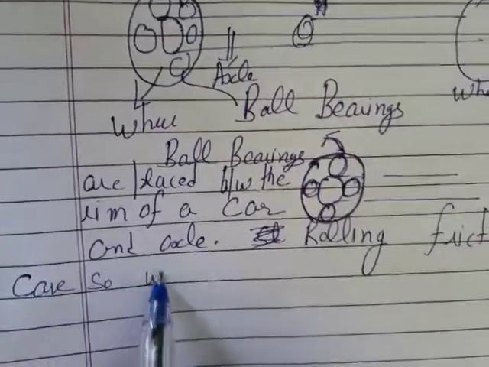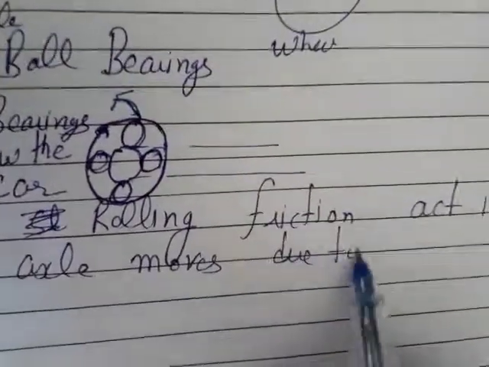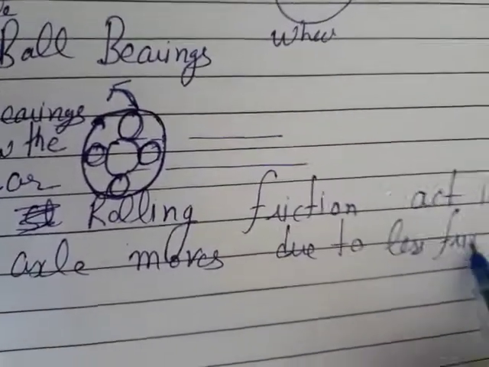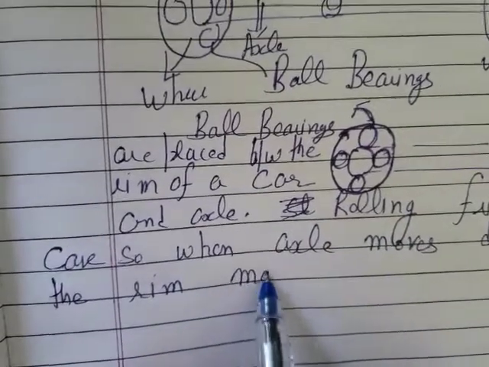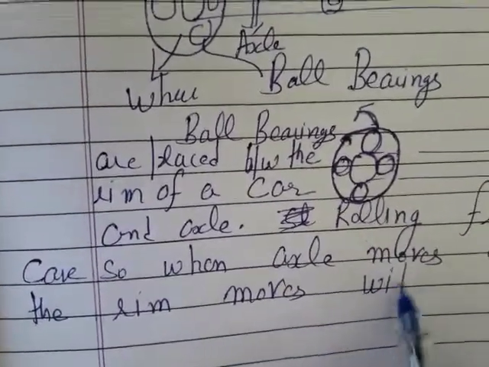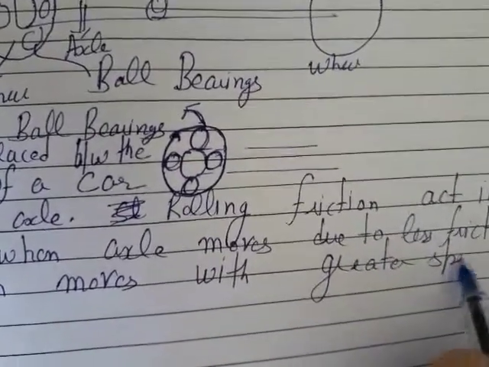So when the axle moves, due to less friction, the rim moves with a greater speed.